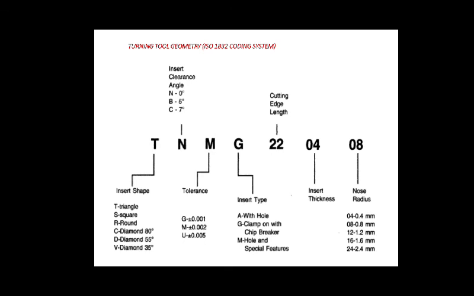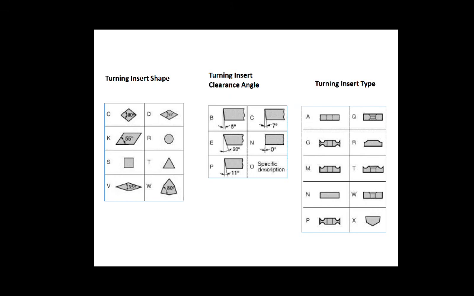And these are the various turning insert shapes, turning insert clearance angles, and turning insert types as per the ISO 1832 coding system. These are the turning tool geometry as per the ISO 1832 coding system.